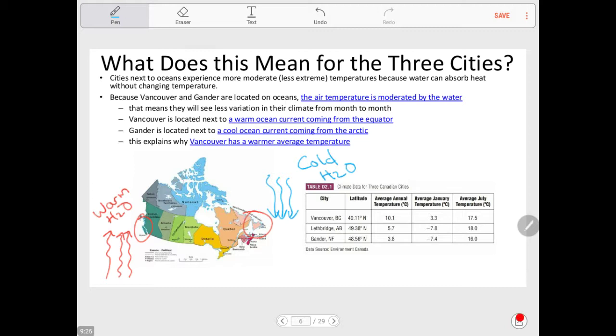The air is warmed, goes over Vancouver, and warms it up. Whereas on eastern Canada, Newfoundland, the air is actually going to be warmer than the water. What does that mean? The energy is going to leave the air and go into the water, which makes the temperature much lower. Okay.